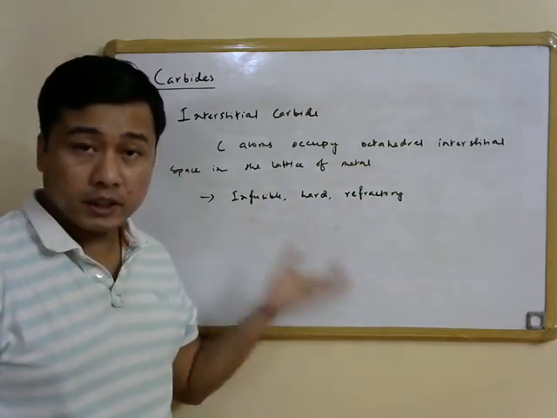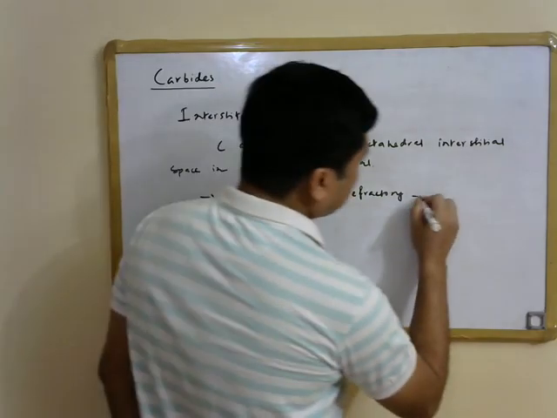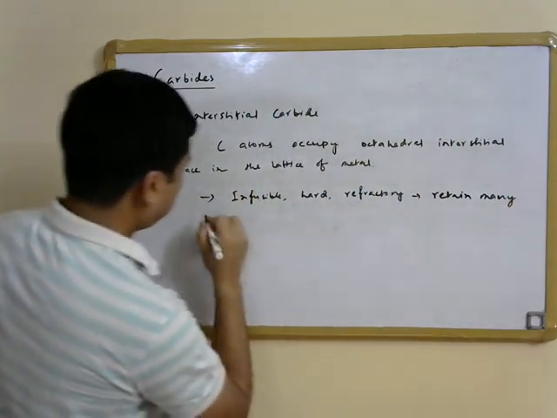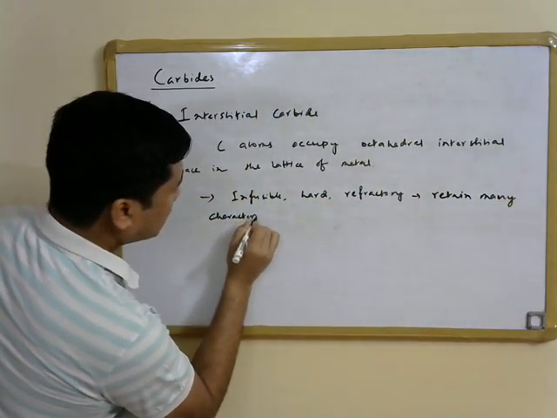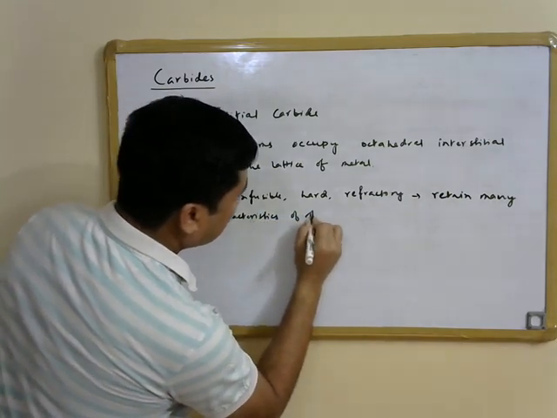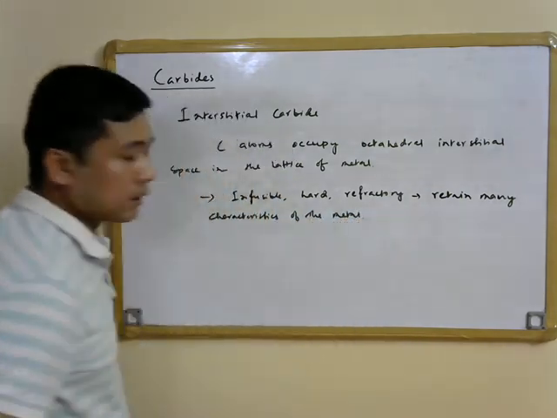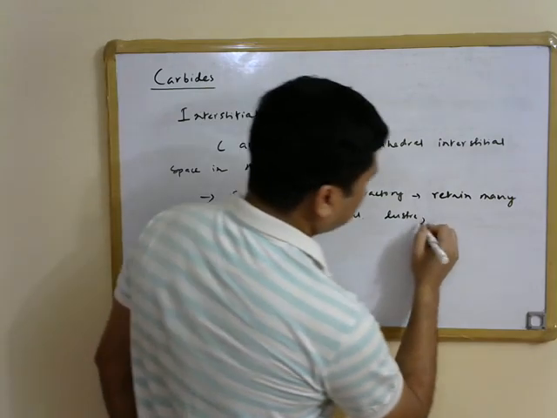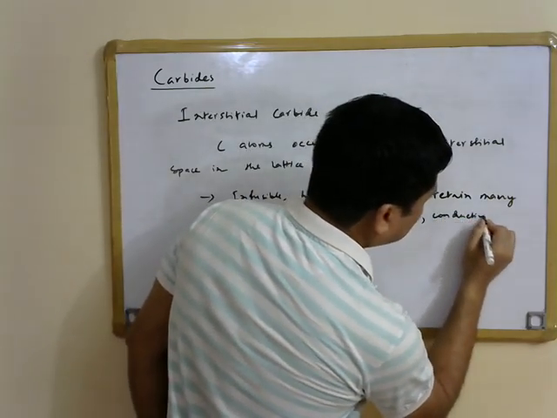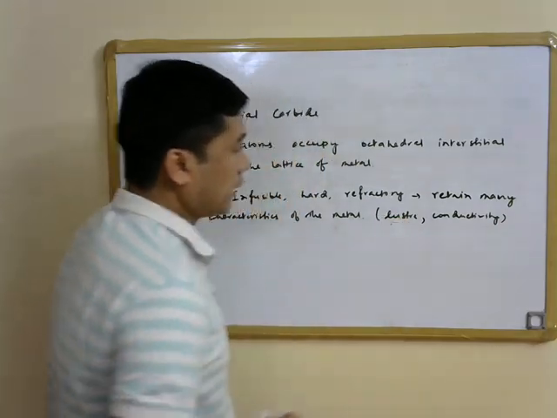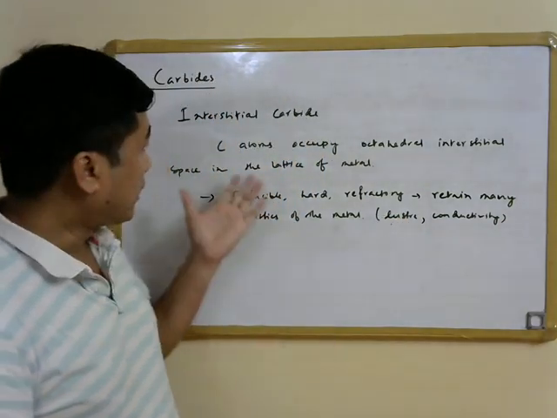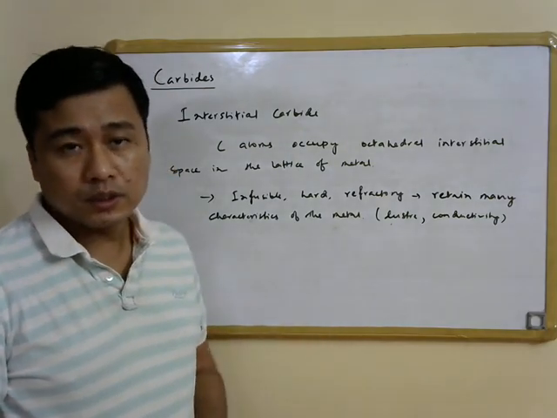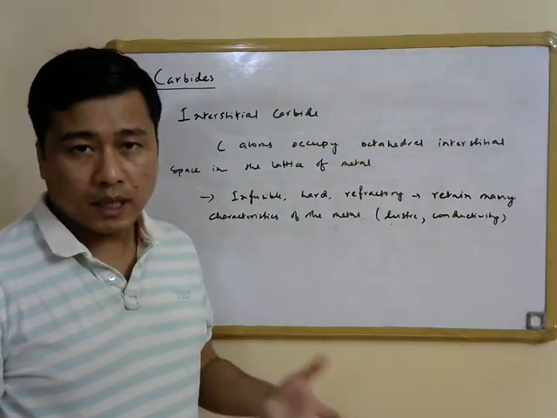What we see is that they are refractory, they are hard in nature, as well as they retain many characteristics of the parent metal, like the metallic luster is retained, as well as the conductivity is also retained in these interstitial carbides, and that is why these interstitial carbides are often used in high-speed cutting tools.